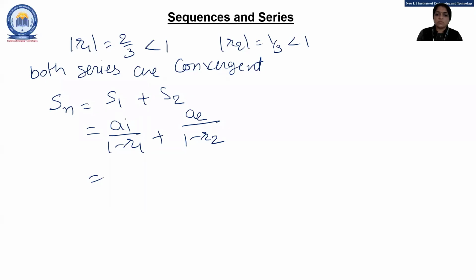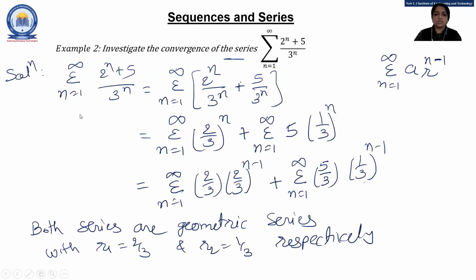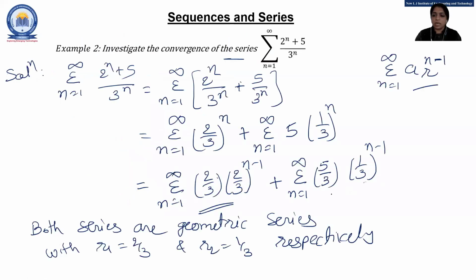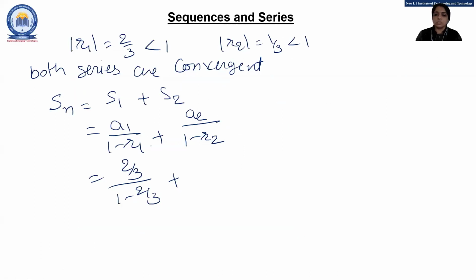A1 is the first term of the first series, and here A is 2 by 3, so 2 by 3 upon 1 minus 2 by 3. For the second series, A is 5 by 3 and R is 1 by 3, so this is 5 by 3 upon 1 minus 1 by 3.